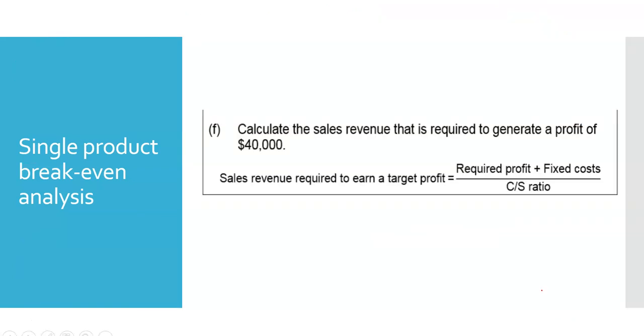Now this question is what I was talking about earlier on when we calculated target profit, required profit. In the sales required, well, this is their formula, but ultimately we had fixed costs of 50,000. So really the argument here is every time I have a fixed cost, I just have this lovely little formula that can help us find whatever we need.